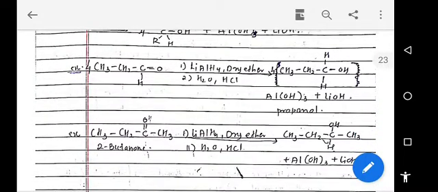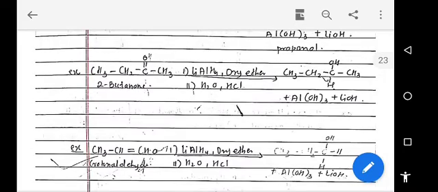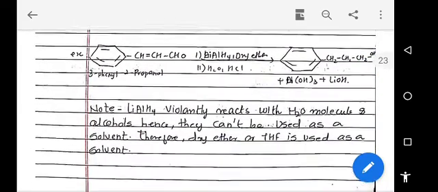Here is the example. Aldehyde or ketone, lithium aluminum hydride along with dry ether, then H2O or acid for hydrogens. We will get the alcohol as the final product.